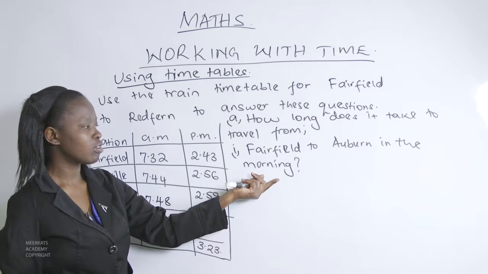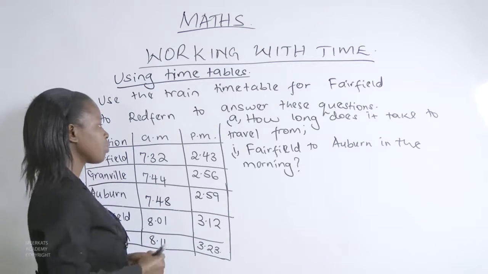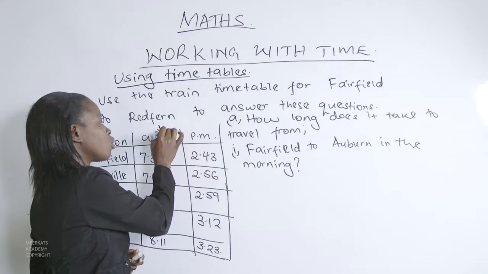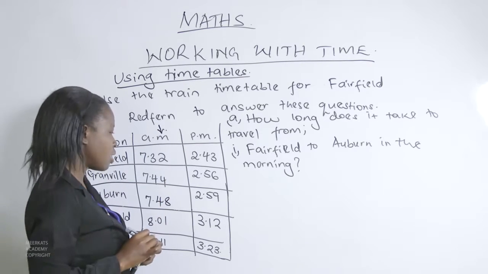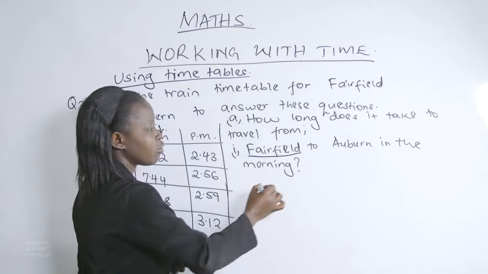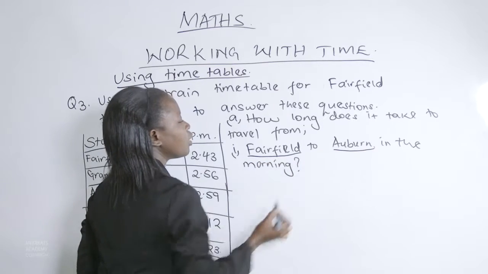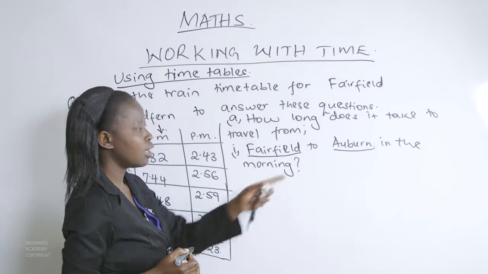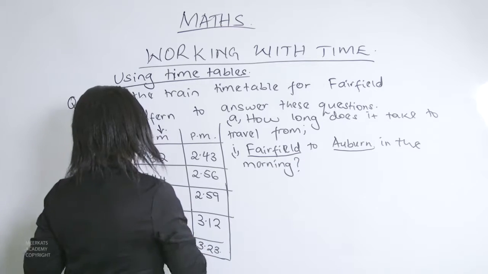So we are using the AM times that we have. So we look at the AM times. Our starting point is Fairfield, and the point the train is going to land is Auburn.